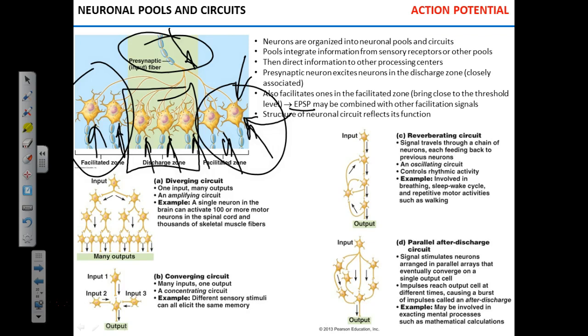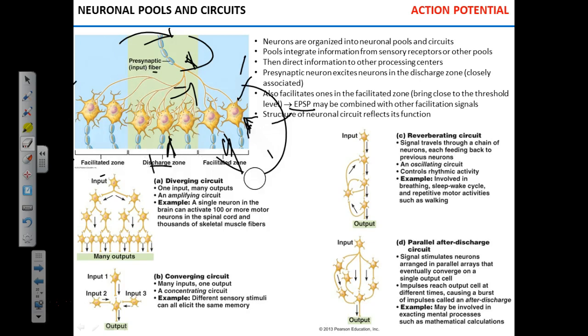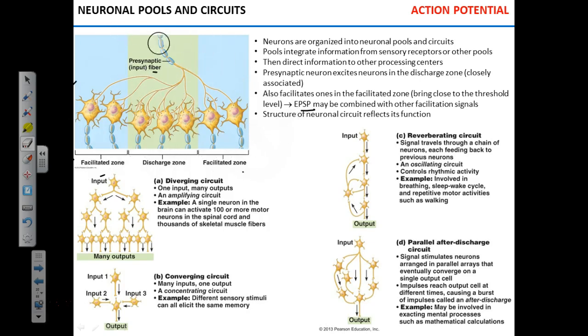The signal from that presynaptic fiber, right here, causes an action potential in the discharge zone, so clear signal transmission, and also facilitates, helps, increases the chances for signal transmission in the neurons of the facilitated zone. That makes sense?